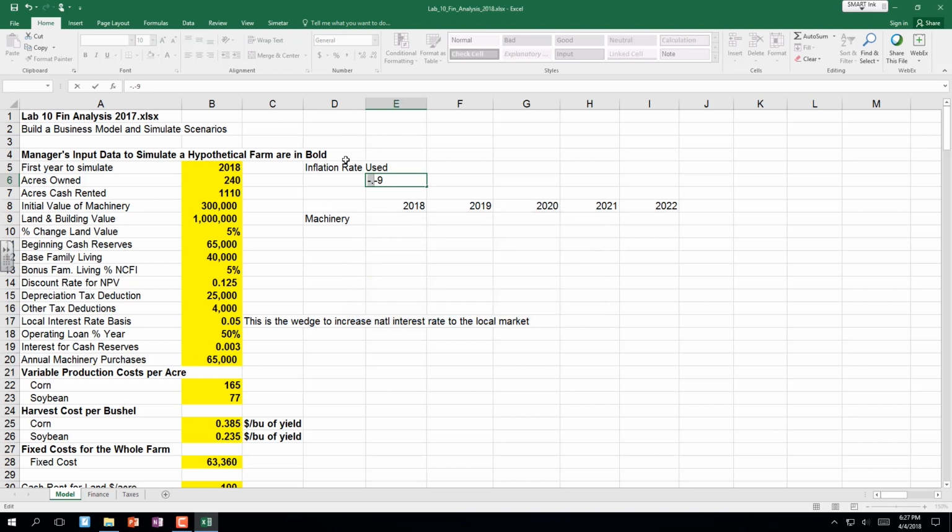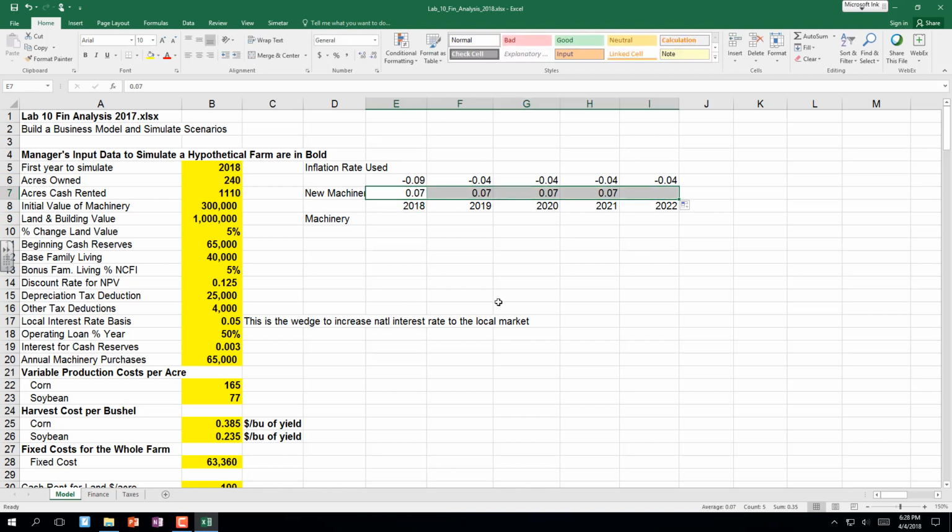Well, I'm having a hard time with that, it's not quite what I wanted. 0.09. So it goes down 9% that year, minus 0.04 the next year, and we'll just keep it at 0.04 from there on. For new machinery, let's take it up at 0.07. So that's going up 7% every year.